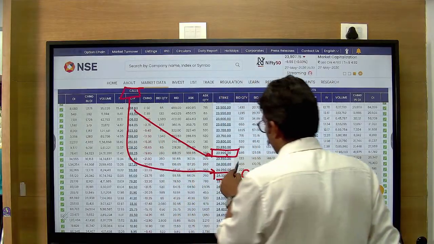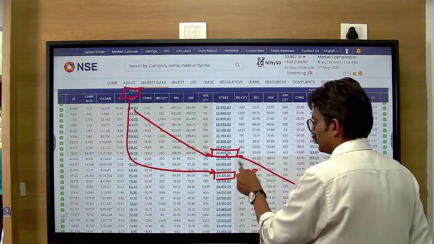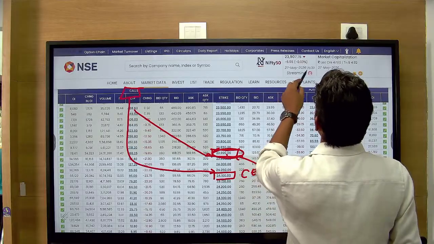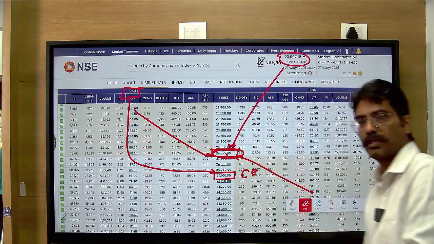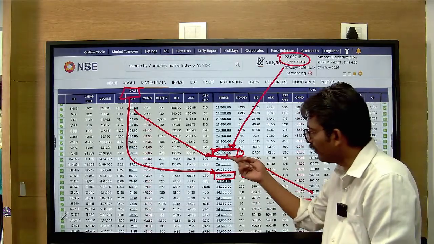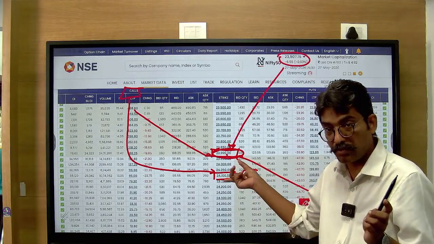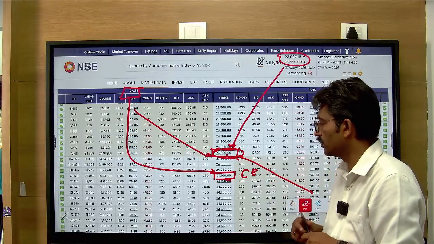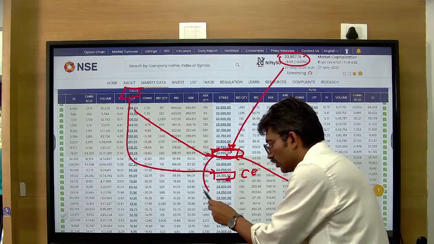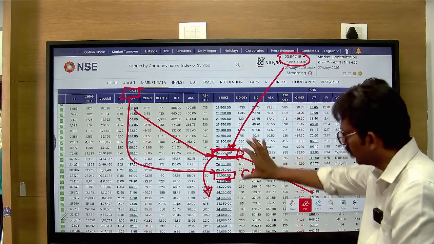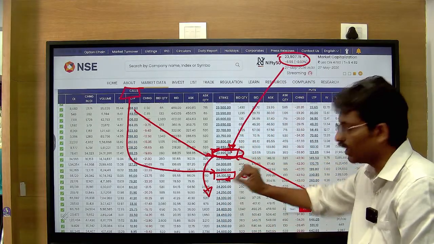Look at where the color changes. This is where the Nifty is, and you would also know from this point. The closest number is right. If it travels from here to here, I'm talking about the stipulated difference, the distance. If it travels from here to here and crosses this distance, then you make the real.